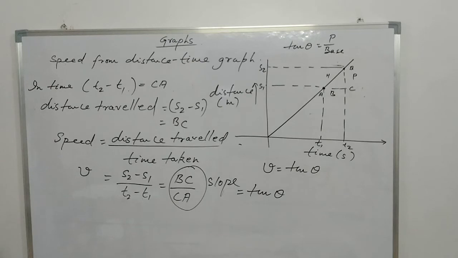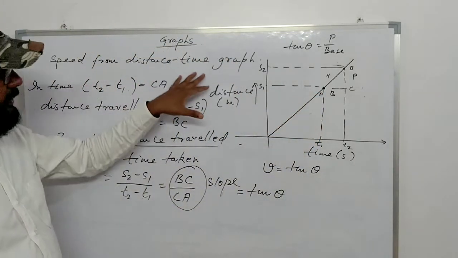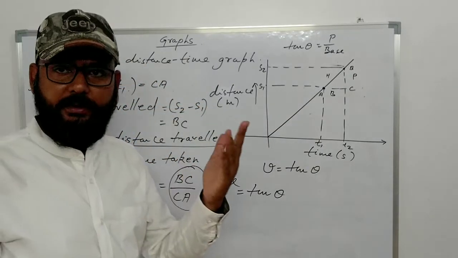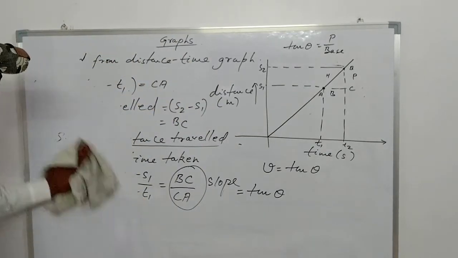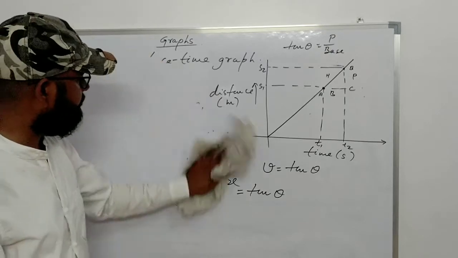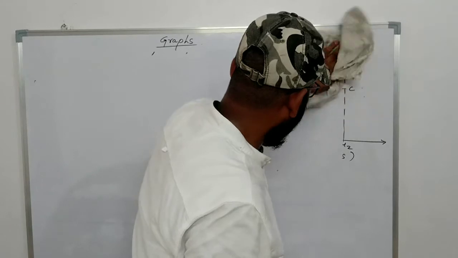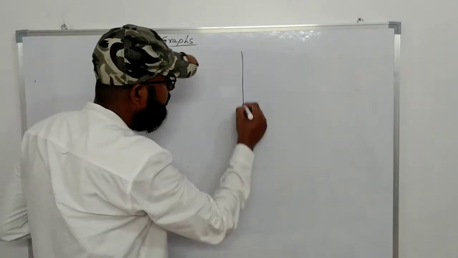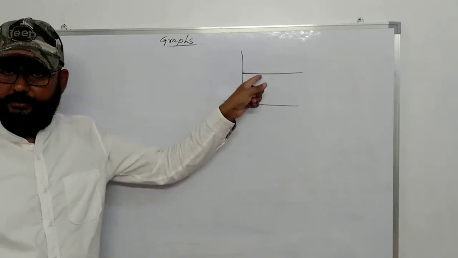Now this tan theta is important to understand the next topic. When theta increases, what happens to the speed of the body? Let's see. Suppose a graph is given. Suppose the first graph I draw like this.